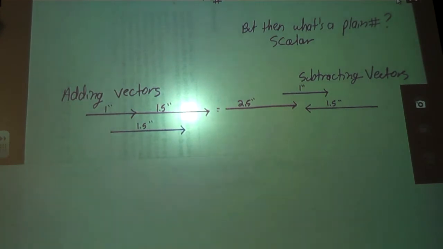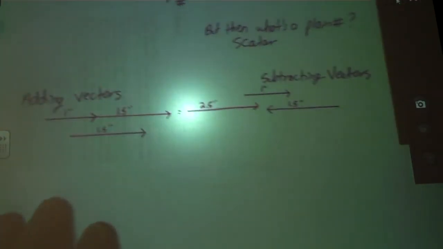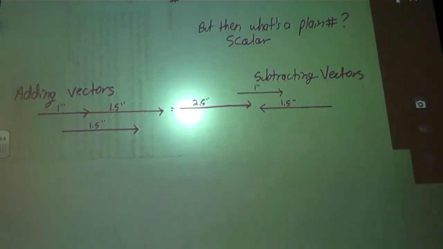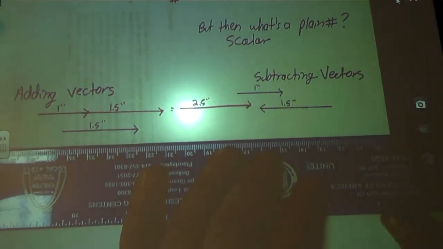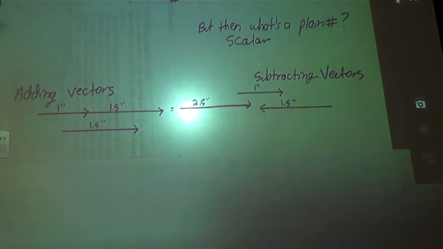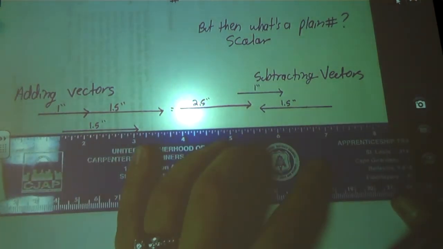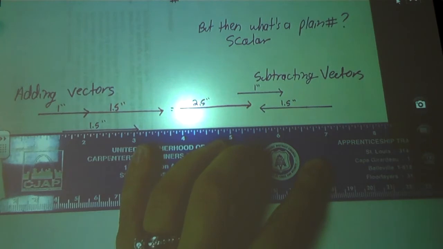Pretty simple, right? Subtracting vectors, you still see that? Yeah. Should be equally simple. I'll redraw them down here for you. Since they are going in opposite directions, you guessed it, we're going to draw them in opposite directions. Again, still head to tail.